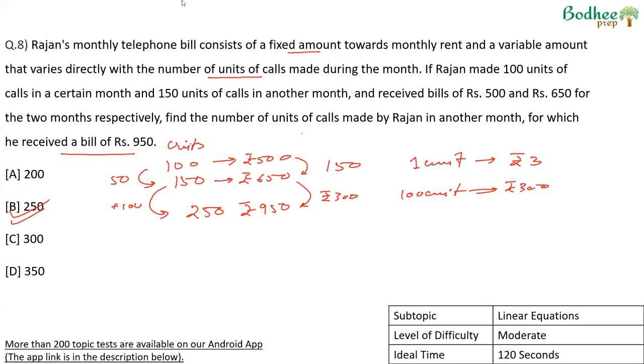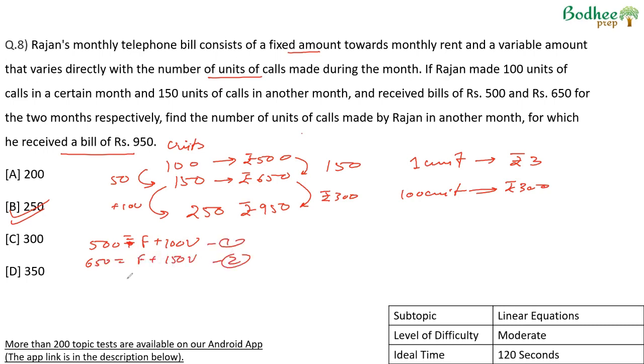Even if I do not use this method and I use the equation, what we'll do is let the fixed amount be F and the variable amount per unit be V. So we can say 500 is equal to F plus 100V, and 650 is equal to F plus 150V.